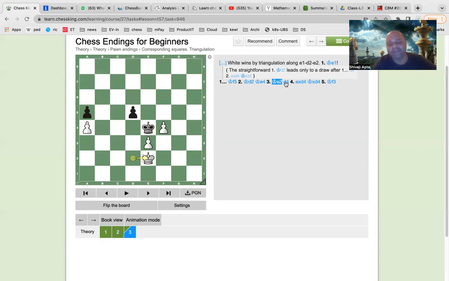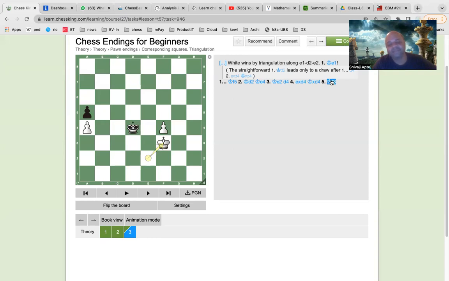So now black says, okay, I cannot move my king, but let me try to break the connected pawns by moving d4. Which is okay, but white then captures the pawn and the black king captures it, and the white king moves to f3. Is this a win? Yes.